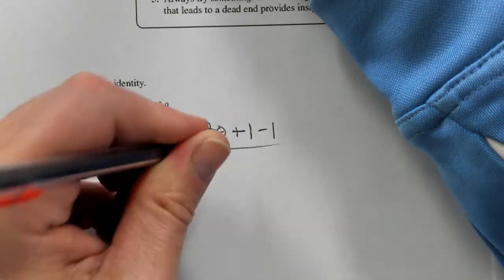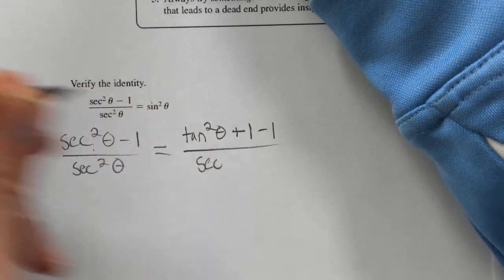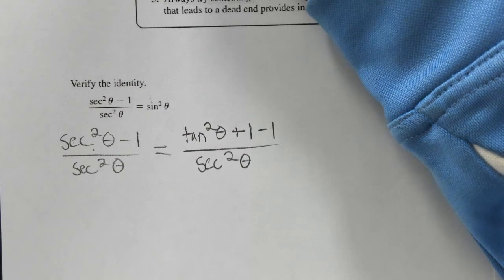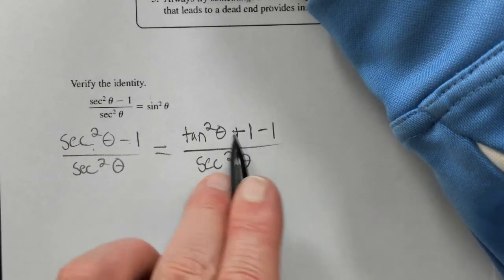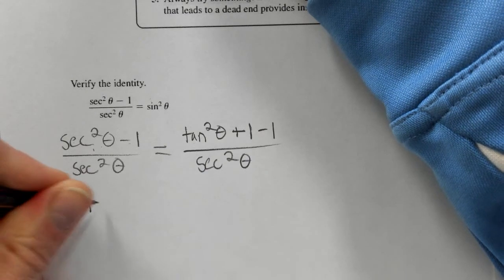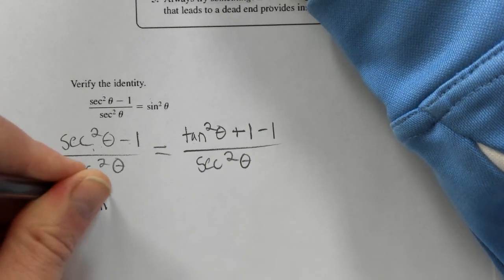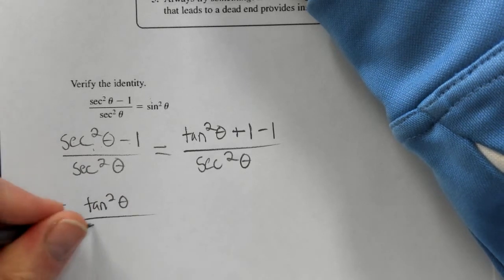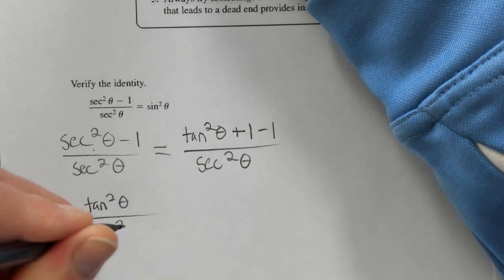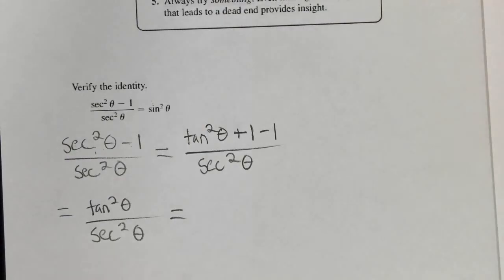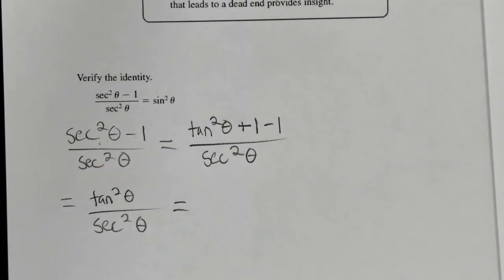And all this is still over secant squared of theta. Okay? These are gone, so my next step is going to be tangent squared of theta over secant squared of theta. All right, so that's a little bit simpler than it was at the start, so that's a good step.